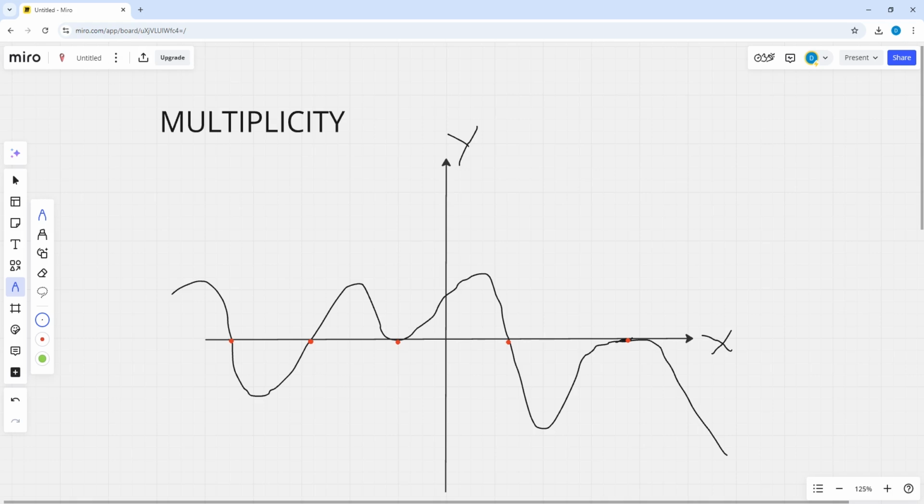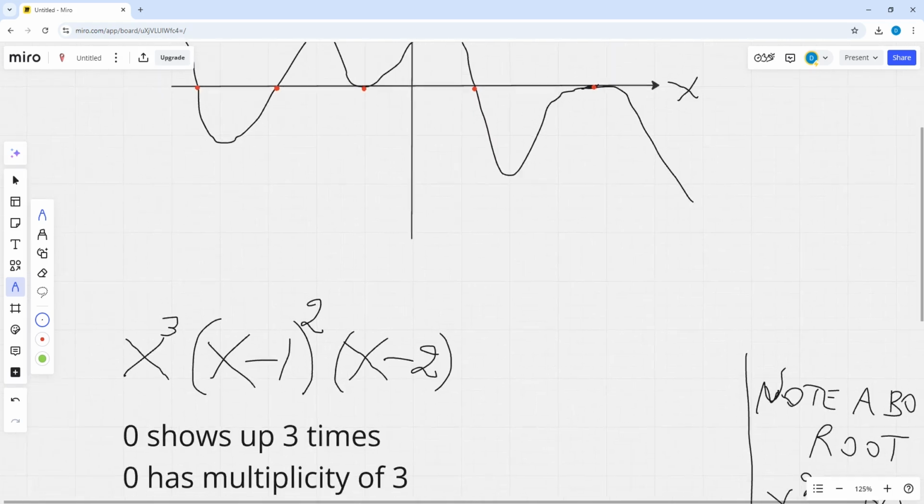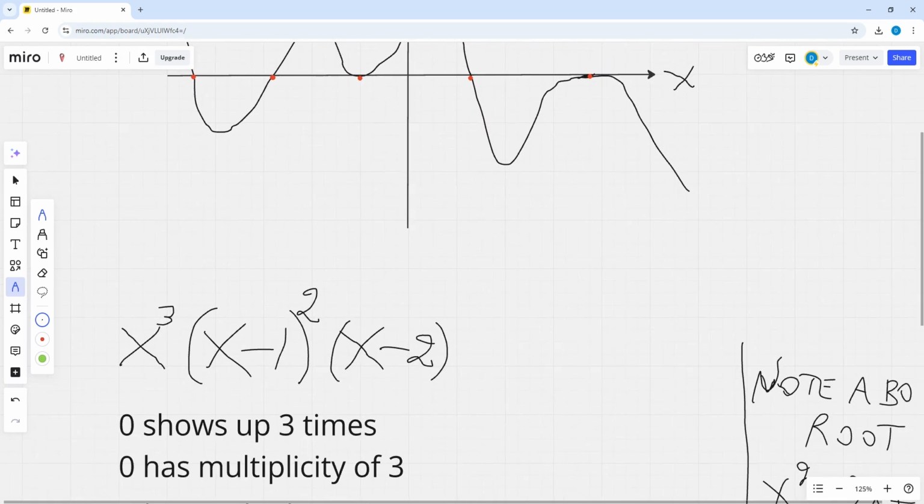The good news is we can use multiplicity, which is how many times a root shows up in factored form, to determine when it crosses and when it touches and turns. So that's what this video is about today. So we're going to use this x to the cube, x minus 1 squared, x minus 2.